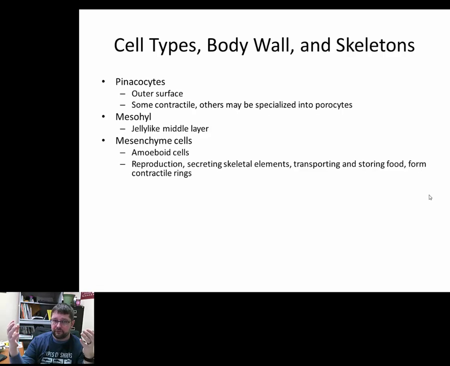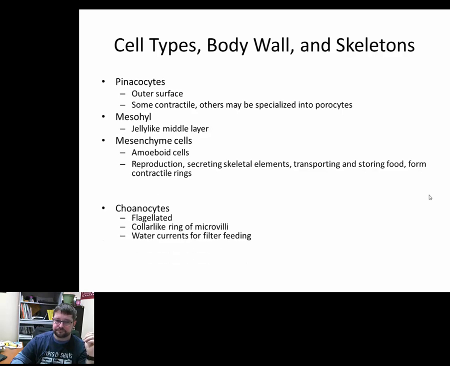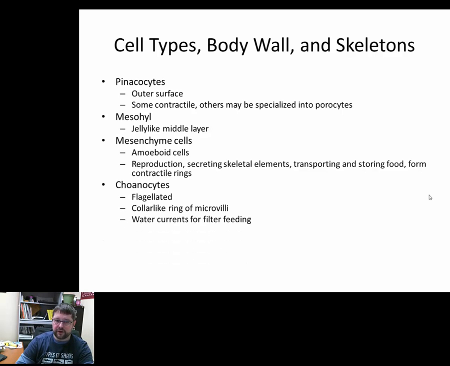Sometimes, depending on the species and the class to which the sponge belongs, they can help with excreting calcium carbonate to create that rigidity within. And the choanocytes, these guys are very important for creating the water current.